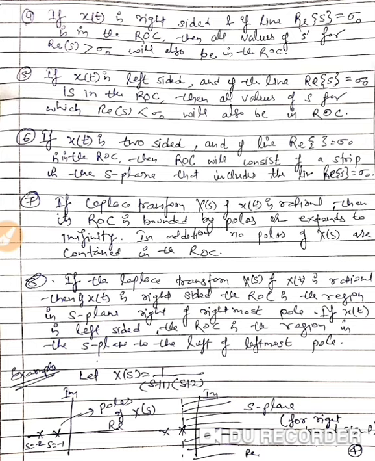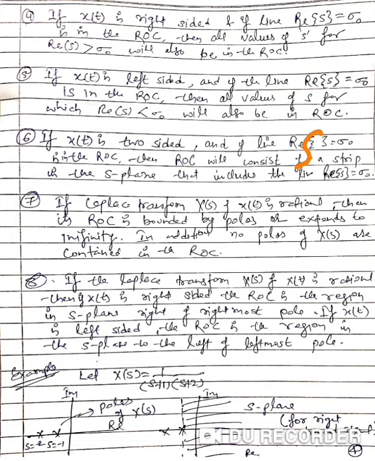Now the sixth point is if xt is two-sided, and if the line real part of s equal to sigma naught is in the ROC, then ROC will consist of a strip in the s plane that includes the line real of s equal to sigma naught.